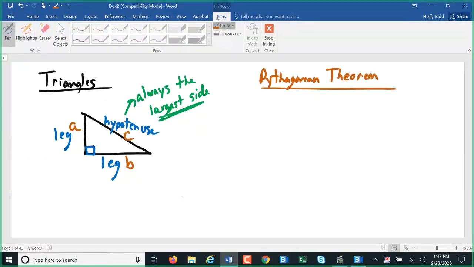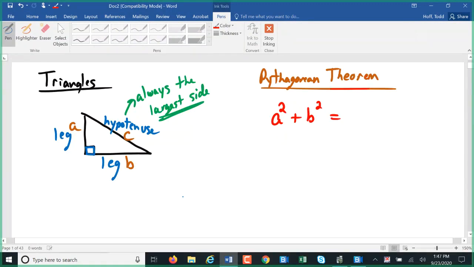And it says simply that if I take the length of the first leg and I square it, and I add it to the length of the second leg squared, that total adds up to the length of the hypotenuse squared. I'll do a little better than that.